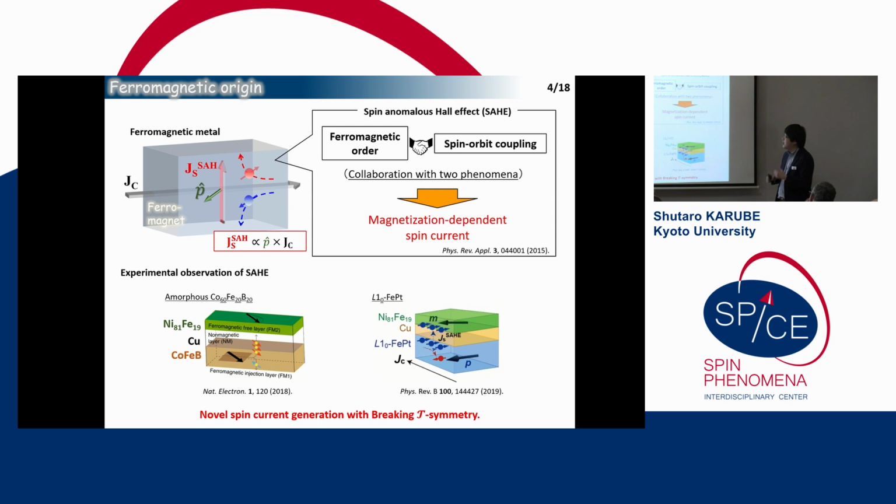So we have a possibility to perform field-free switching. The effect was theoretically predicted in 2015. After that, there are several experimental reports of the effect in amorphous cobalt iron boron and L1_0 ordered iron platinum alloys. So this is a novel spin current generation with a breaking time reversal symmetry.